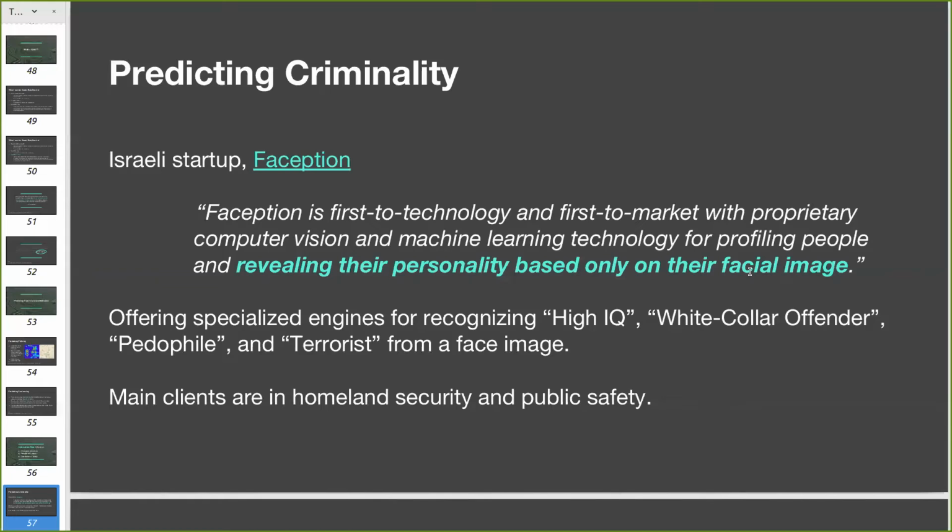For that, they are using the facial images and the facial expressions, and they have modeled all of this and try to come up with these kinds of predictions. The clients that this startup has right now are from Homeland Security and Public Safety.